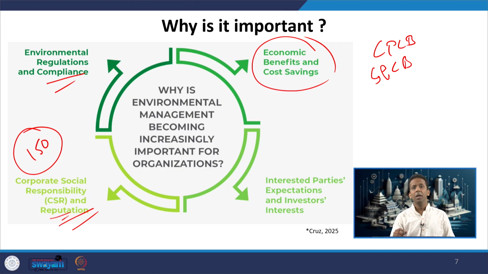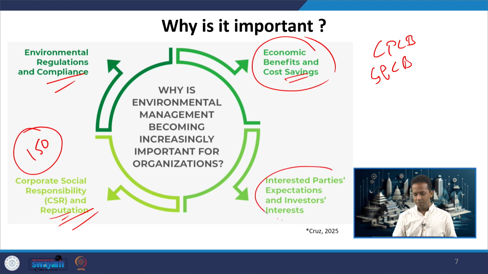Many times protecting or contributing to environment will need improvement in process efficiencies, that may need some change, some shift in machineries and the operation protocols, and at times it can lead to some cost savings and economic benefits. Every time it need not add to the cost to contribute to environmental protection.